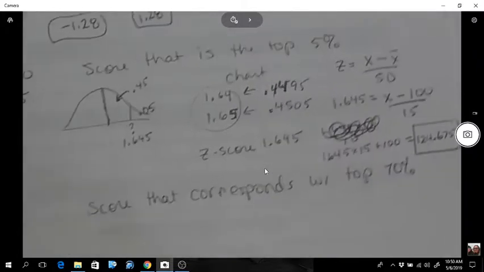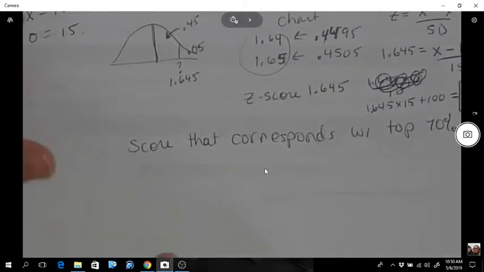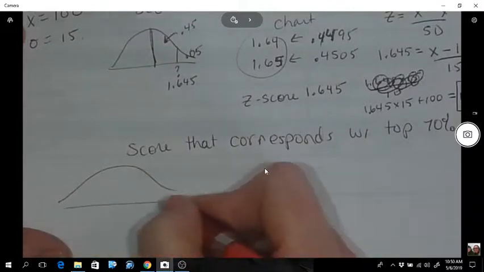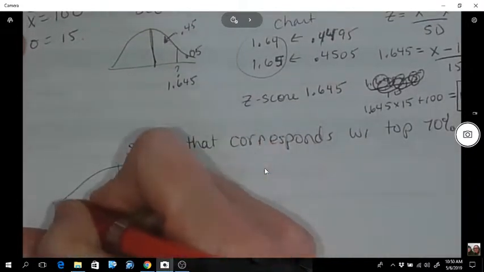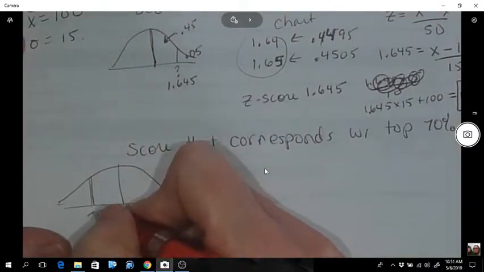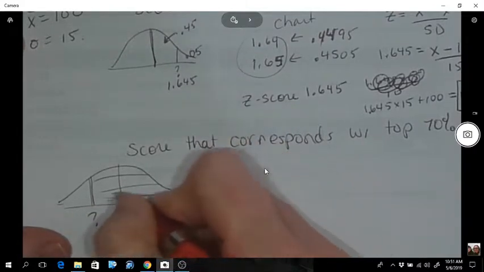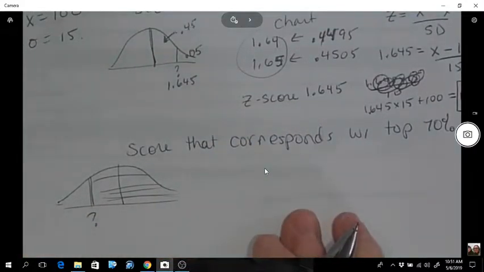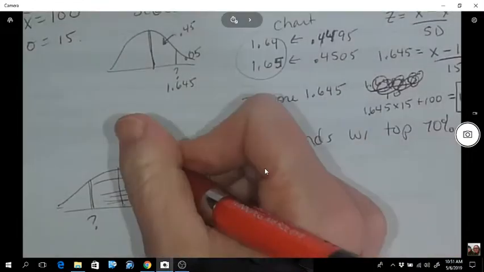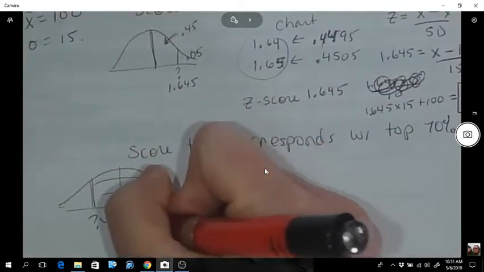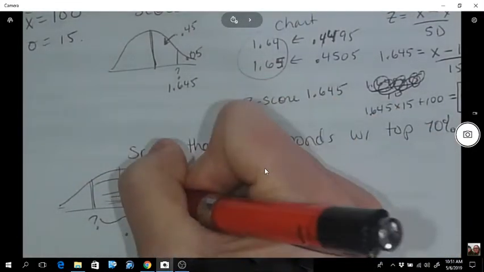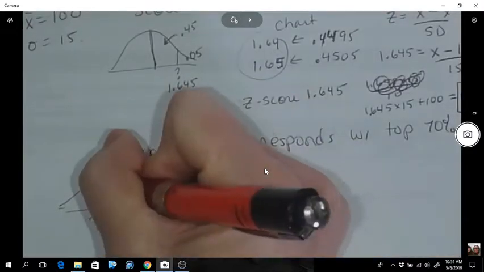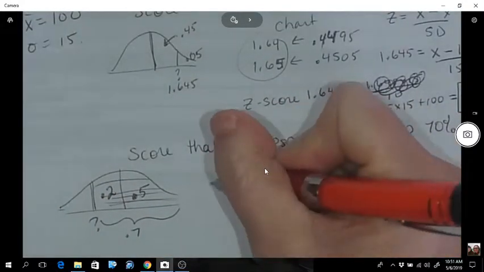Okay, score that corresponds with the top 70%. Okay, so top 70% would be that your score is down here, right? Because 70% above you. So what are you looking up on the table? So if 70% are above you, right, this is 0.5, then this is 0.2.